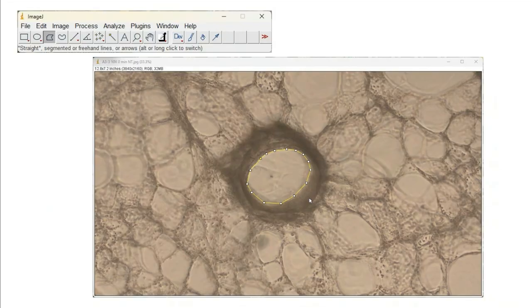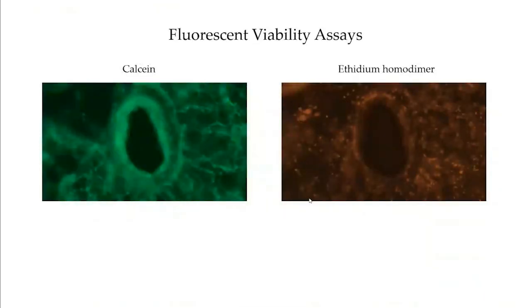They are viable. Another way to assess viability is with a fluorescent assay. There's a live/dead assay from Invitrogen that can be purchased through Thermo Fisher that uses calcein or ethidium homodimer. When you add the calcein or the ethidium homodimer, if the smooth muscle ring is viable, it will fluoresce green under excitation with a GFP filter.